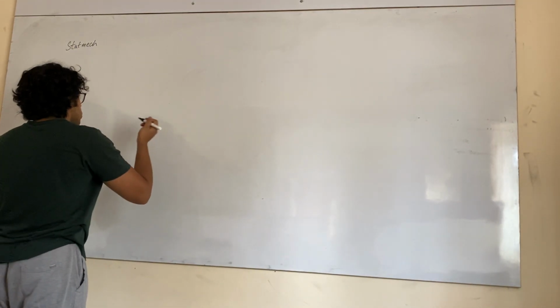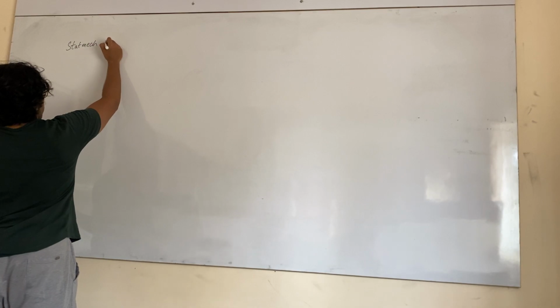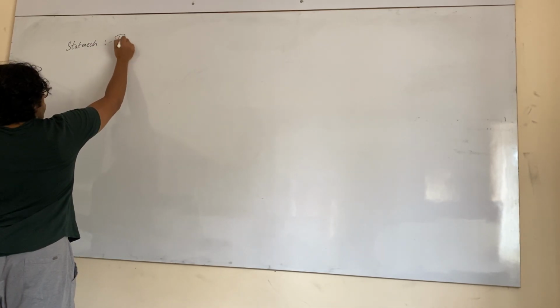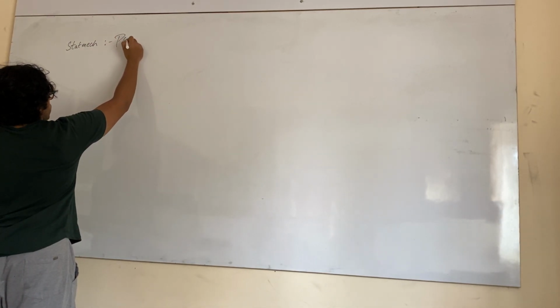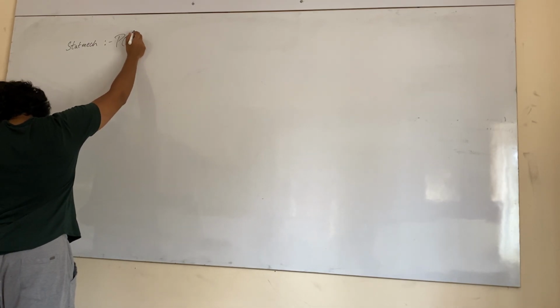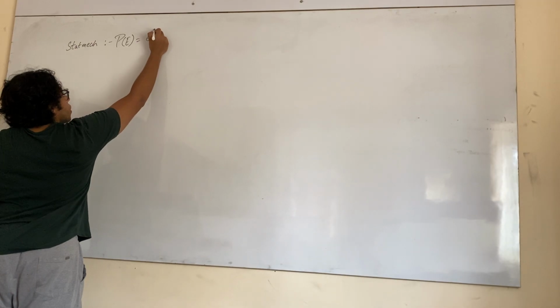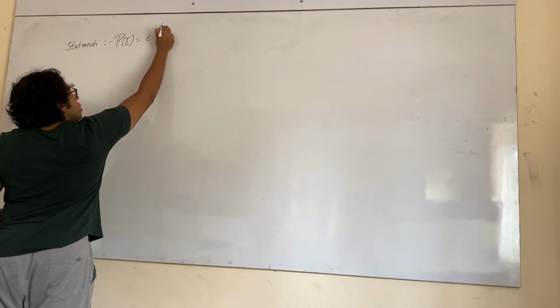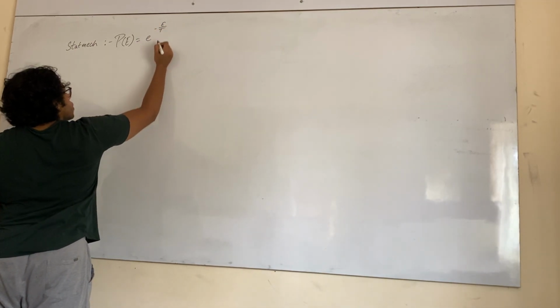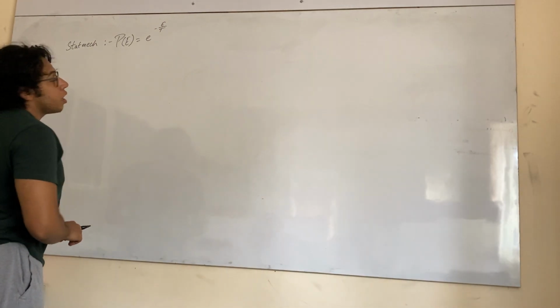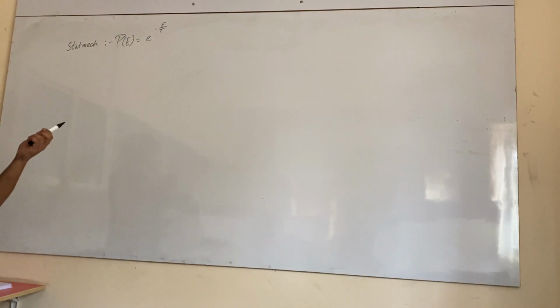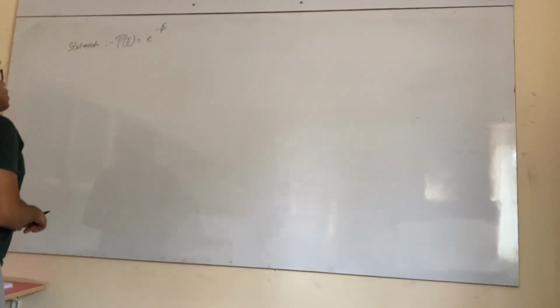So how do you represent the probability? The probability of finding a particle with energy state E is given by e to the power of minus E by T. Okay? You can figure out how this works out.